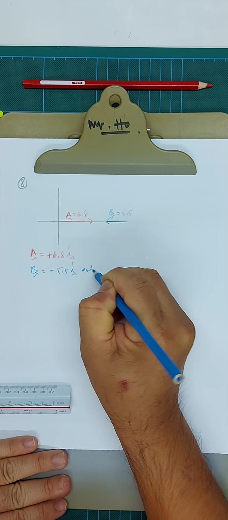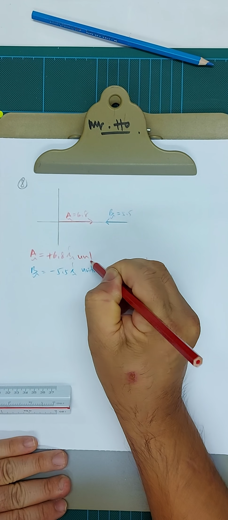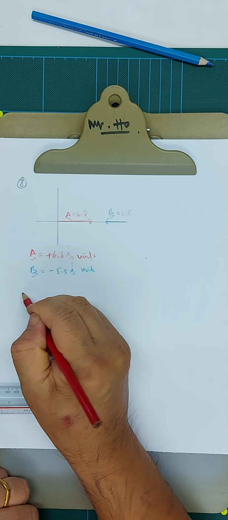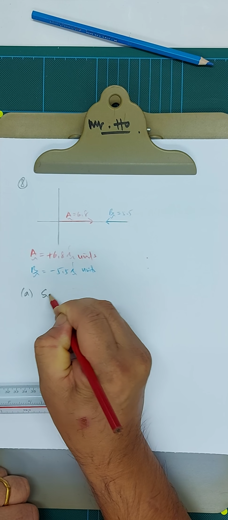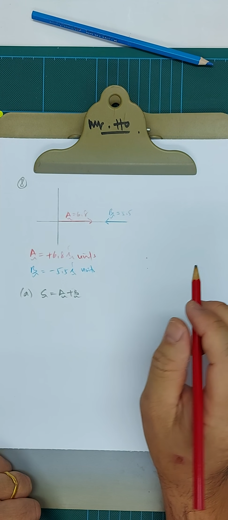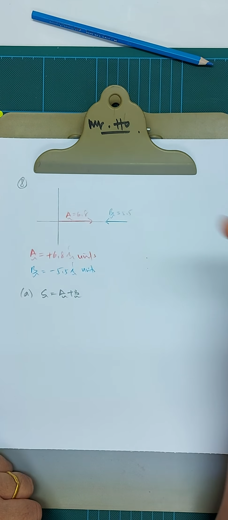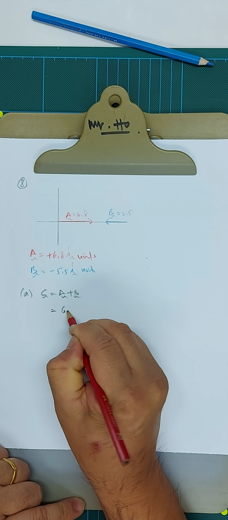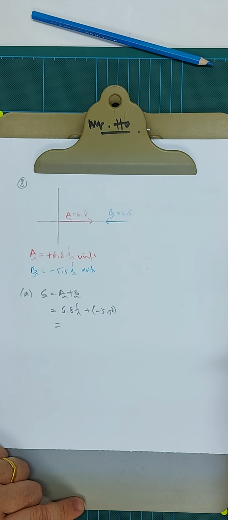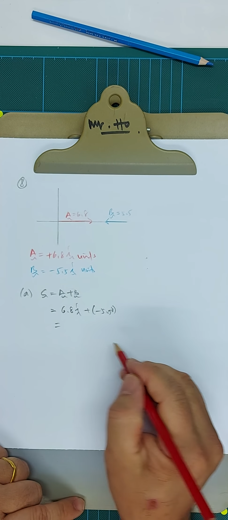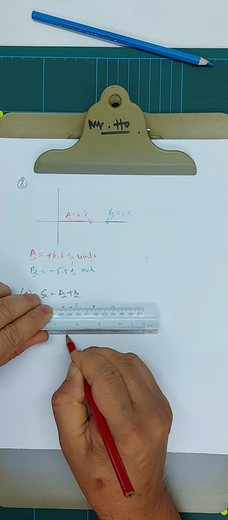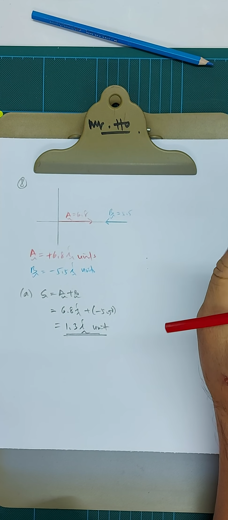Now C is equal to A plus B, so we just do it using vector components. A is positive 6.8 plus negative 5.5 i. So what do we get? 6.8 minus 5.5 gives 1.3 i units. So that is our vector.